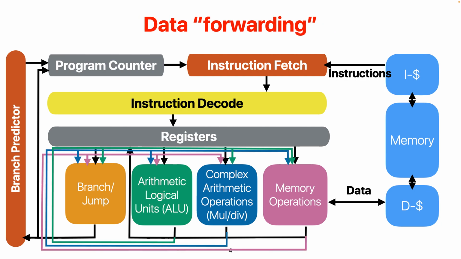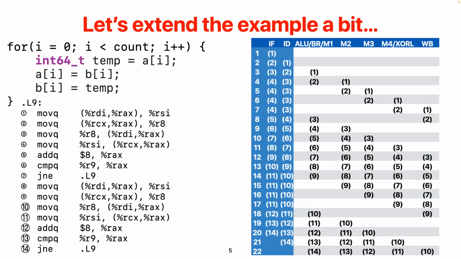Although data forwarding allows us to resume instruction execution whenever your data is already available in the pipeline before it reaches the register file, if you examine the performance for cases like this swapping program, where we swap 2 arrays, we still have to wait for 3 cycles every time even with data forwarding. So that's actually not ideal.